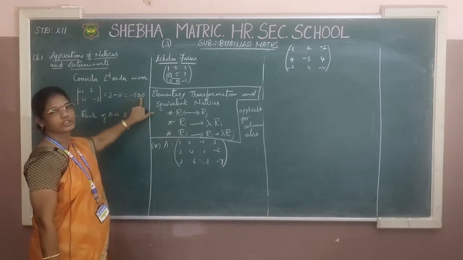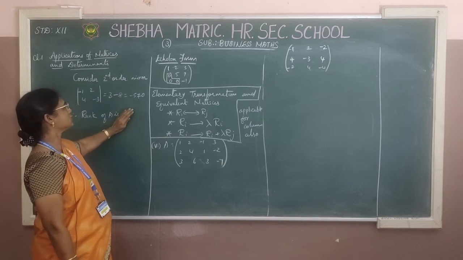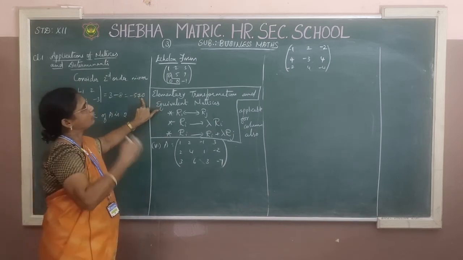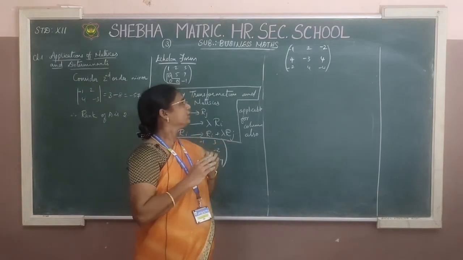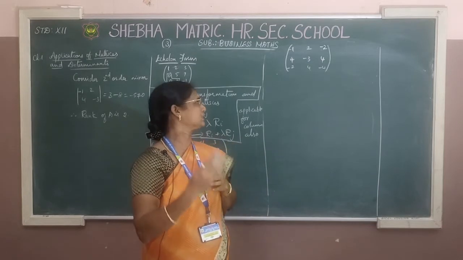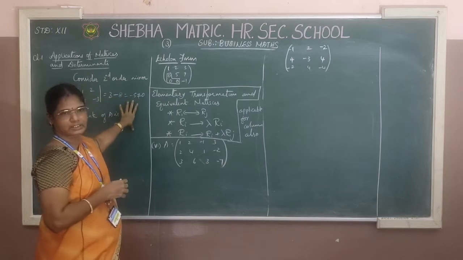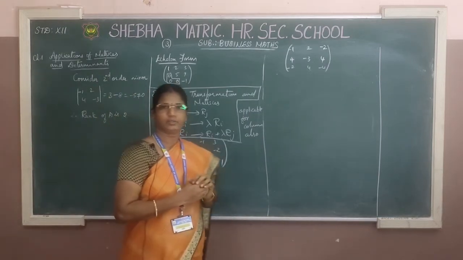Because we are getting not equal to 0 for second order minor. Okay, suppose you are getting equal to 0 for this minor, we have to check for all the 9 minors. Okay, if all the 9 minors we get 0 means we are going to next first order minor. Understood? This is our determinant method of finding the rank.